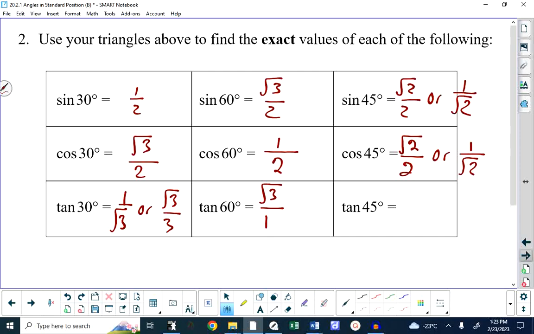Well, I'll leave the 1 in there. You don't need to worry about writing 1, but I want to make sure that you see there's an opposite and adjacent there. Tangent of 45 is 1 because it's root 2 over root 2, which is 1.